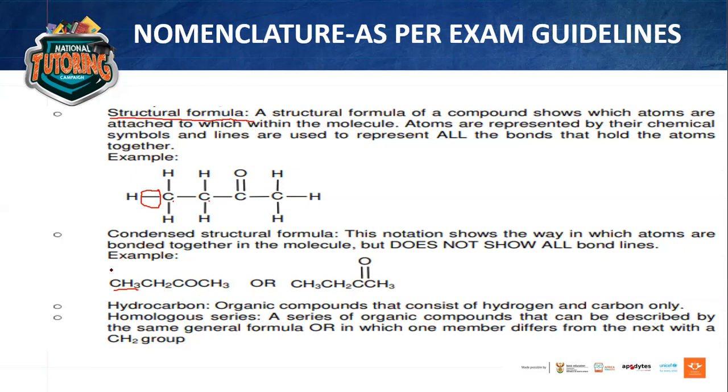So if it is given like this, you can just turn it into a normal structural formula and you'll be able to work it out. So be able to interpret condensed structural formulae or write them down. And here there are two ways that you could show it. Can you see the oxygen there? It is shown that the carbon has a double bond to oxygen, so that is definitely acceptable.